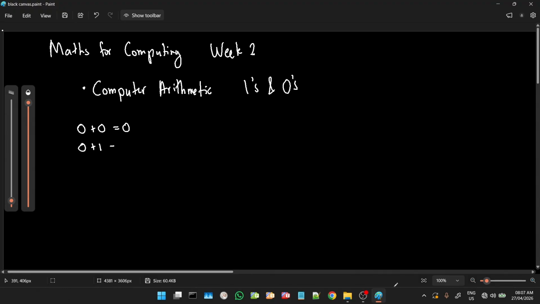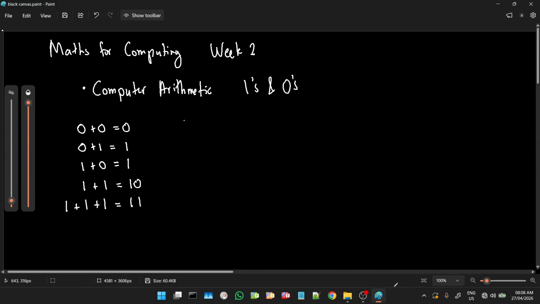If you add a 0 and a 1, you're going to get a 1. If you add a 1 and a 0, you are going to get a 1. If you add a 1 and a 1, you will get a 10. Now, the only time that you want to get a value carried over is another 1. So 1 plus 1 plus 1 is equal to 11.